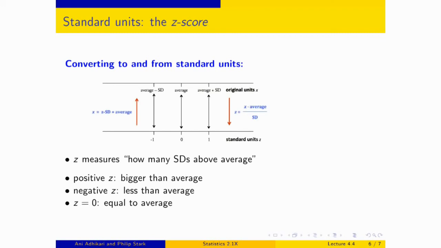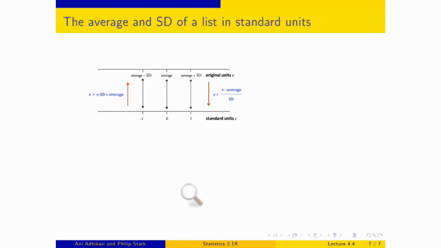And just to tie this in with what we did earlier about linear transformations, it's worth noting that the conversion from the original units to z and from z back to the original units, those conversions are both linear transformations. It's easiest to see here because people are used to seeing the equation of a straight line as variable times a slope plus an intercept.